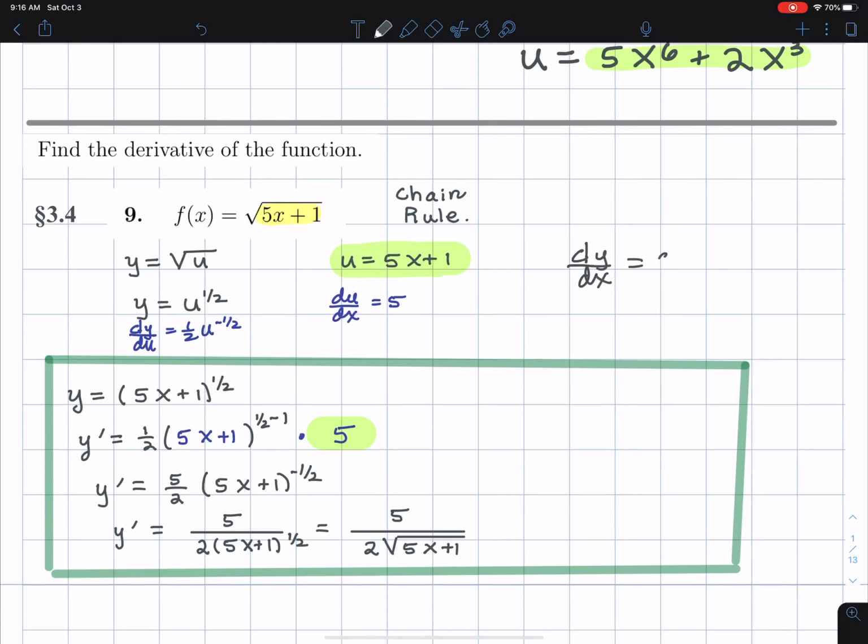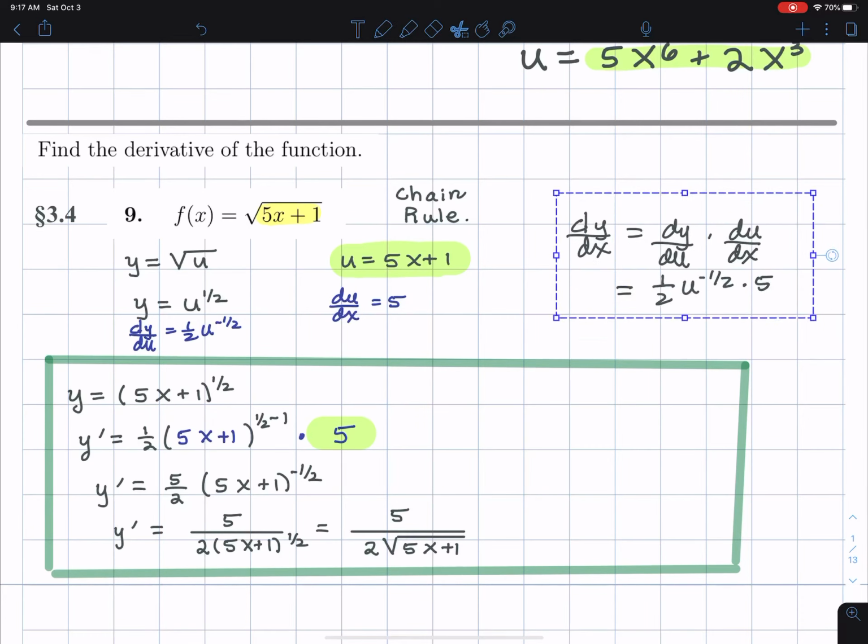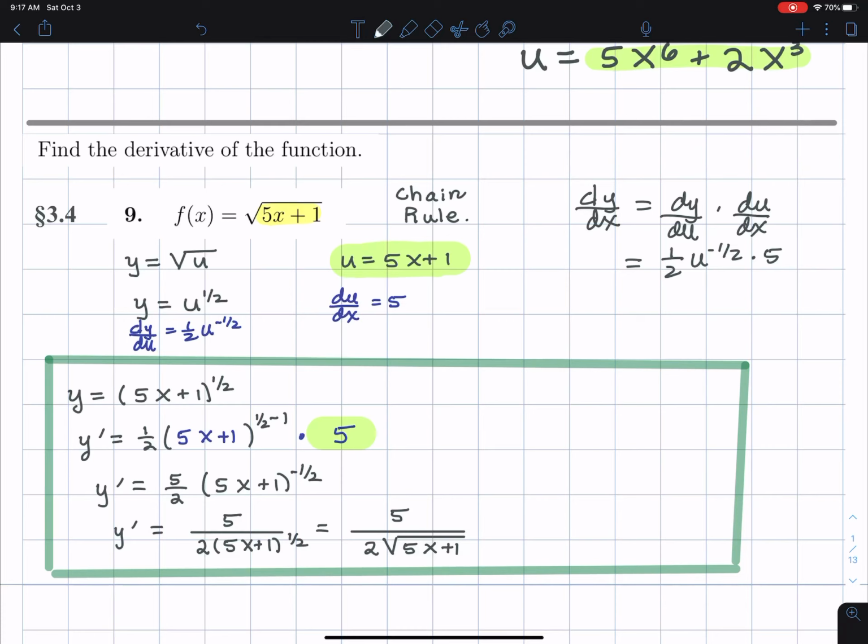dy dx is dy du times du dx. Sometimes it's useful to show all that work, but often it just starts seeming like too much, like I would say in this case. So you do that, and then you put in what u is. You can do all that stuff, but for the most part, I would say that looks like a lot of space.